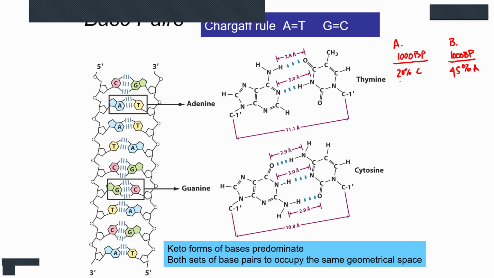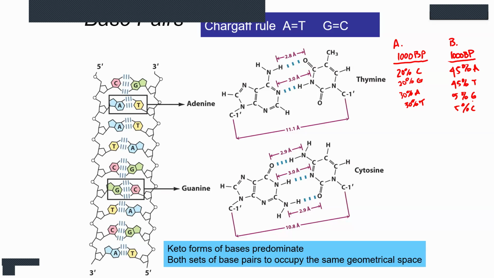We know that molecule A is 20% G, and that means that the remainder is 30% A, 30% T. Our other molecule, molecule B, is 45% T, 5% G, 5% C. We know all that.